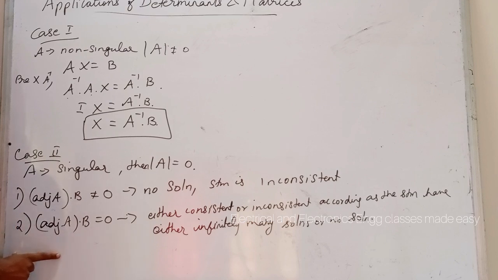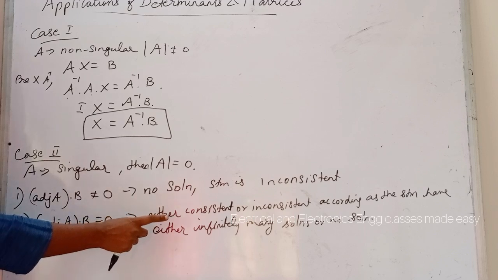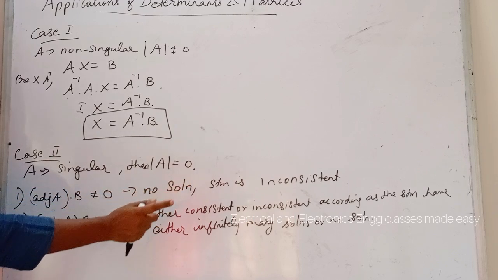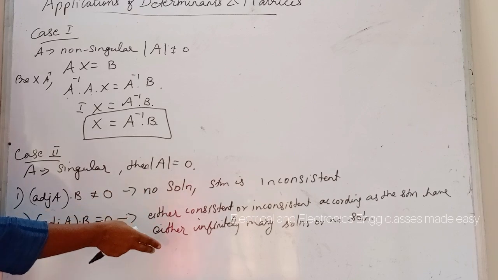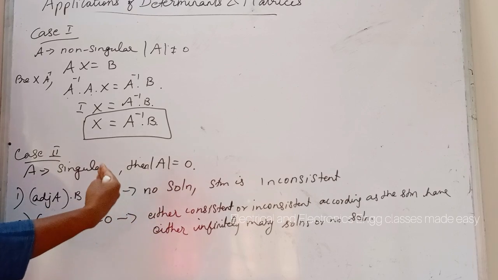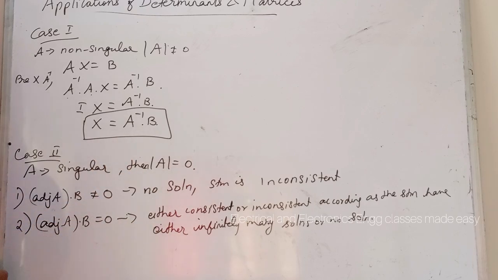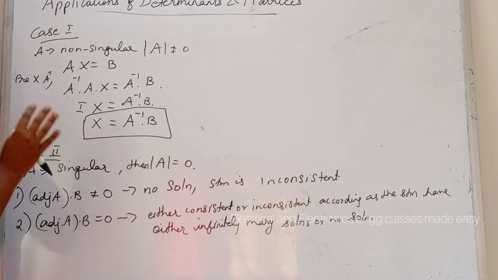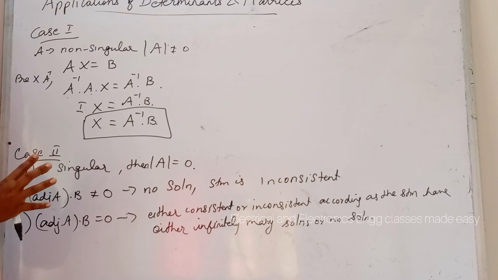If (adjoint of A) B is equal to 0, then the system may be either consistent or inconsistent, according as the system has infinitely many solutions or no solution. So these are the solutions of systems of linear equations.